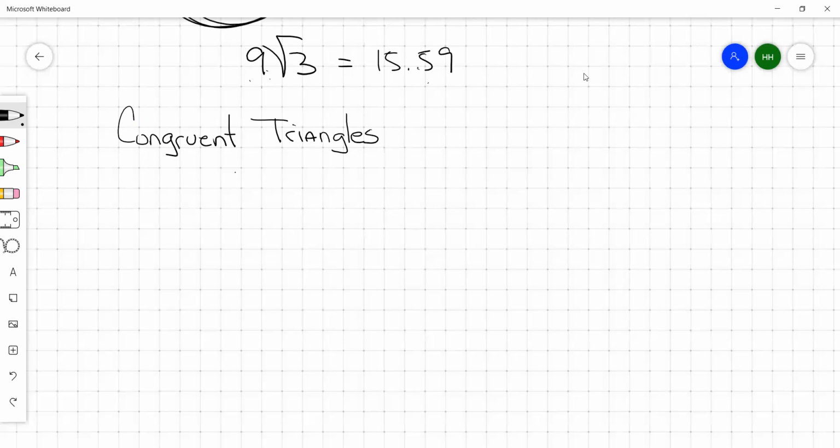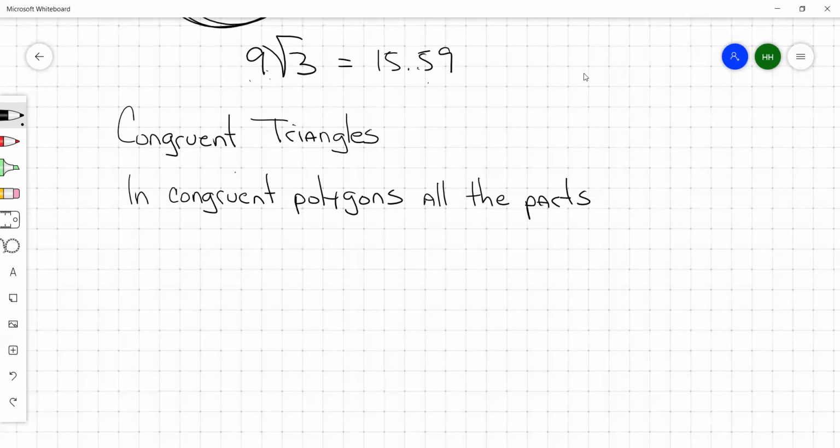All right, we've got a rule here, and the rule says that in congruent polygons, all the parts, and when we say parts, we're talking about angles and sides.